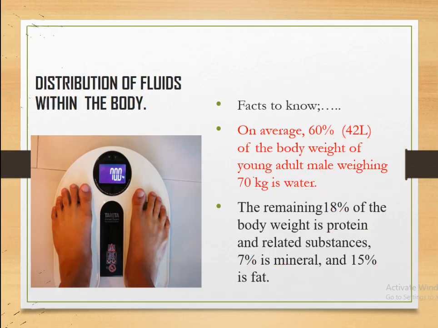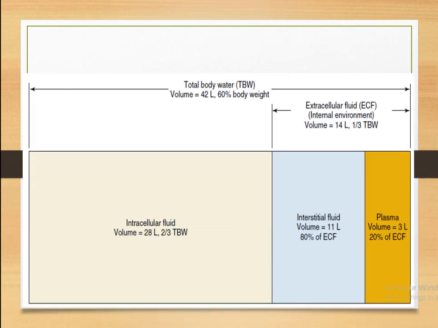Let me quickly give a summary of what I've just explained. The first thing I've said: total body water, 42 liters. This is a 70 kg young male person.